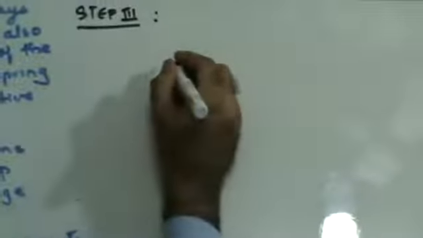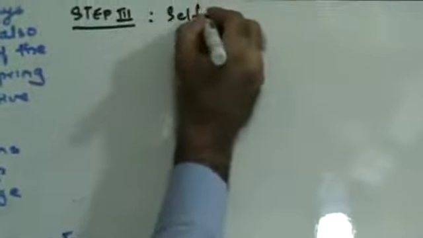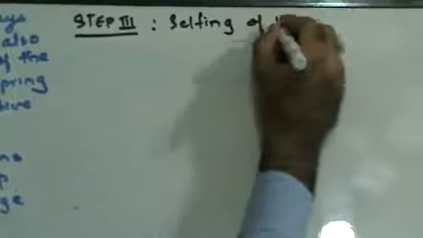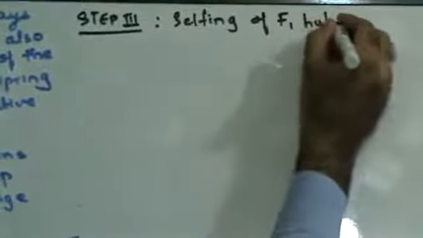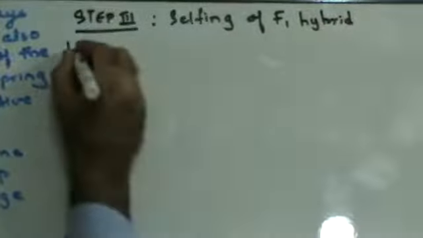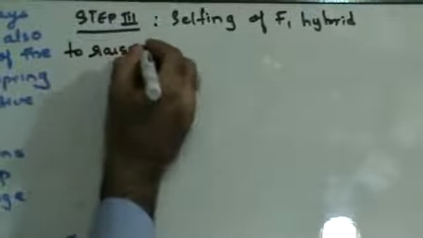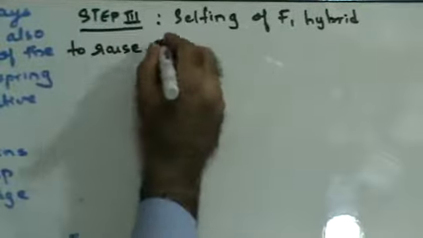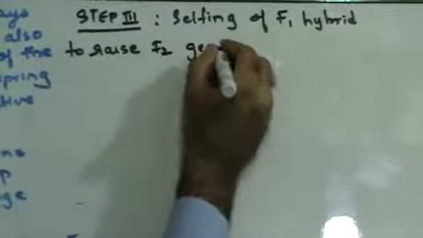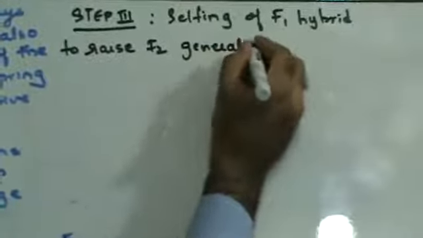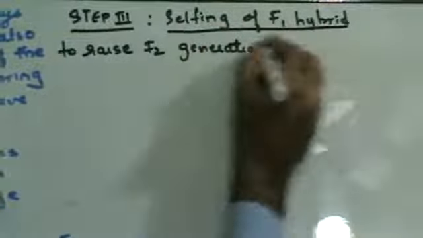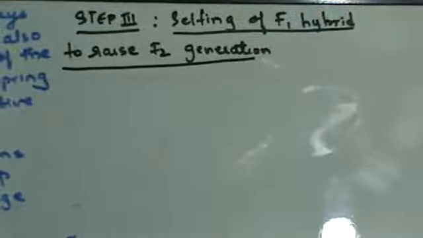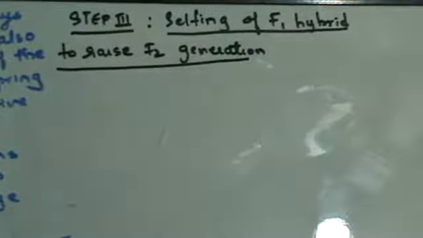Step 3. Selfing of F1 hybrid to raise F2 generation. Now after flowering, they were allowed to carry on with self-pollination.